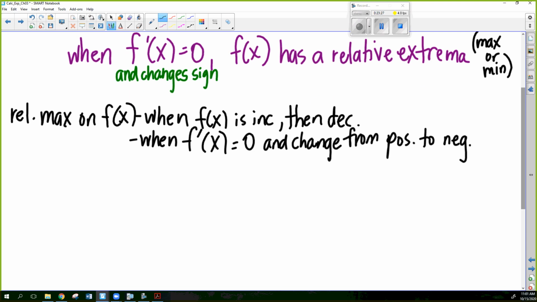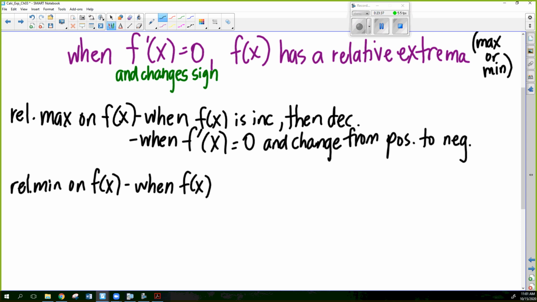Then we would have a relative min on f of x when f changes from decreasing to increasing. I know y'all already wrote this and that's okay, you don't have to edit it.